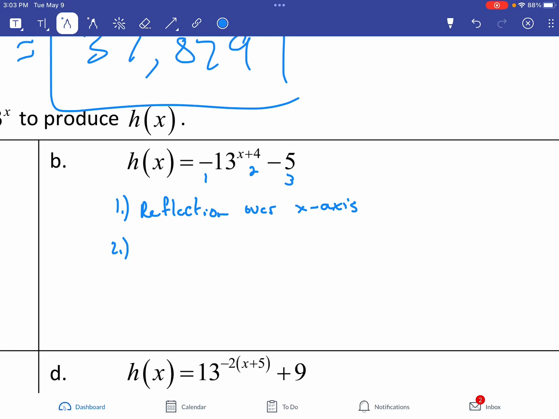The second one, this is a horizontal shift. And it's going to go to the left by 4. And 3, this is a vertical shift. And it's going down by 5.